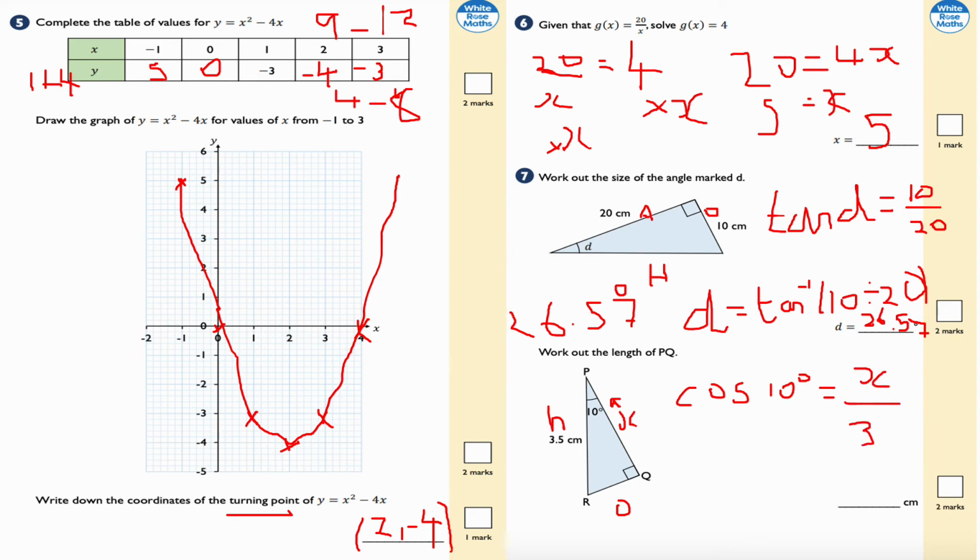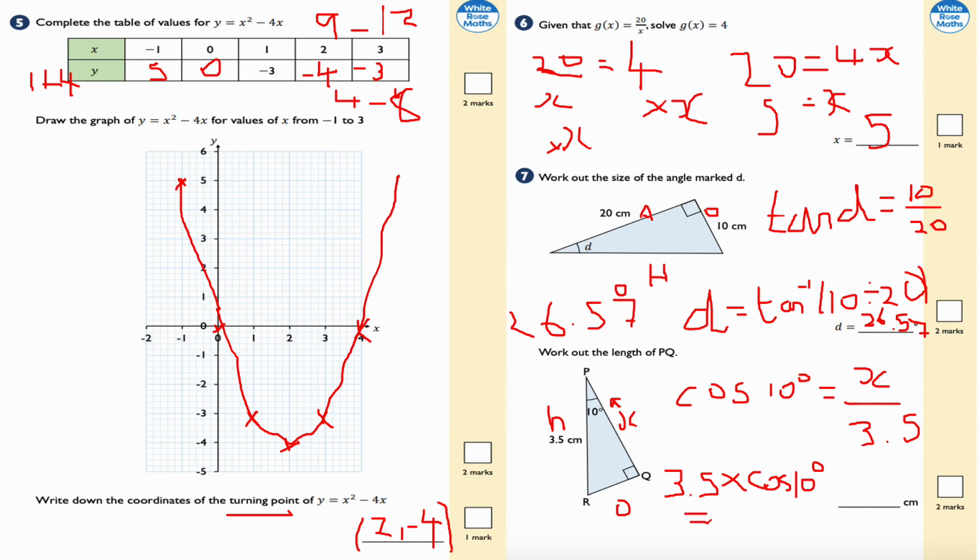If I multiply 3.5 on both sides, I'm going to have 3.5 times cos of 10. And that will tell me the length of this side.